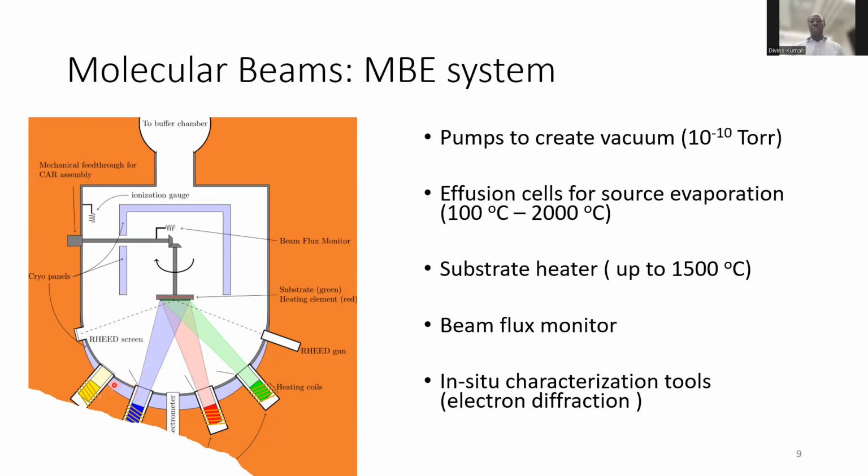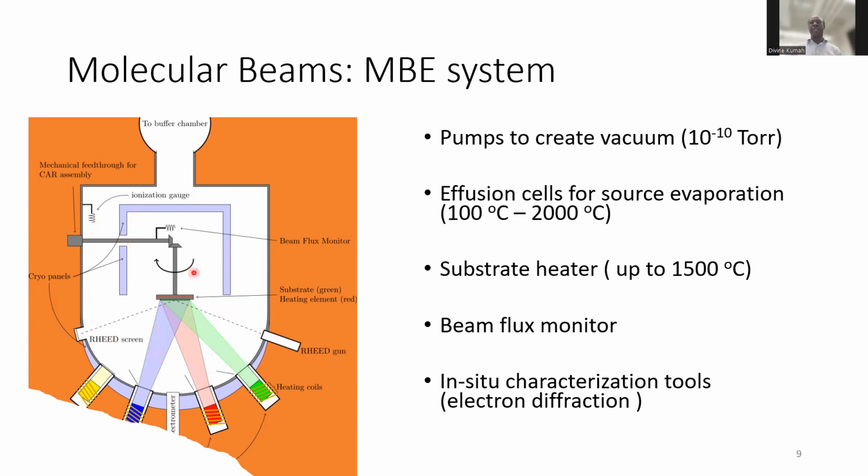And so each of these effusion cells has a cover or a shutter. And if you close the shutter, the material does not come out. If you open up the shutter, that material comes out. And you can see in this picture here that the material coming out forms a very straight beam. And the reason it's forming a straight beam is that because your chamber is under ultra-high vacuum, there are no other gas molecules which are going to knock your material and cause it to just diffuse randomly in your chamber.